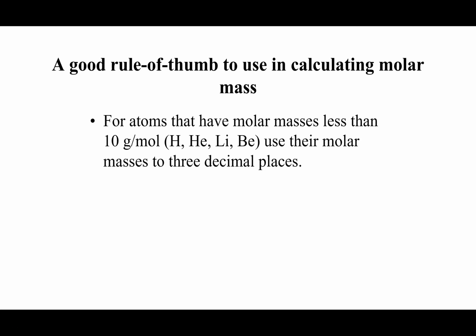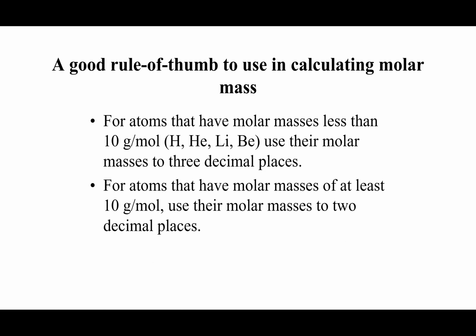Boron is 10.81. The black and white table just has 2, and it has 3 at the top. So 2 for things beginning with boron in general.